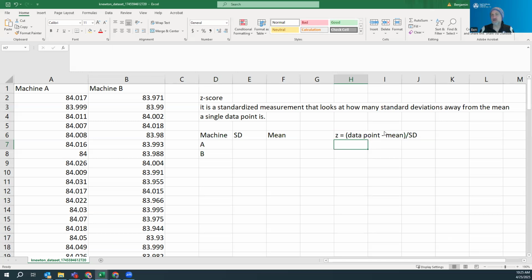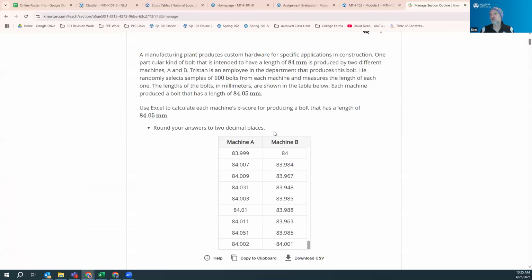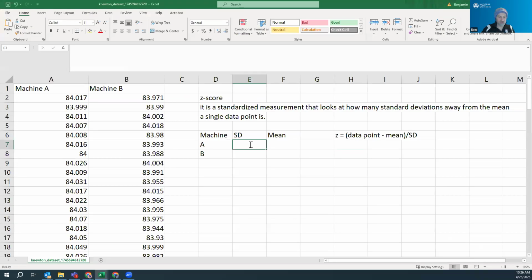I need to look here to see if it's clear what they want me to do in terms of the standard deviation. Because remember, with standard deviation, we have population and we have samples. I see the word sample here. That's very important. So that means that when I do the standard deviation, I should use STDEV.S.